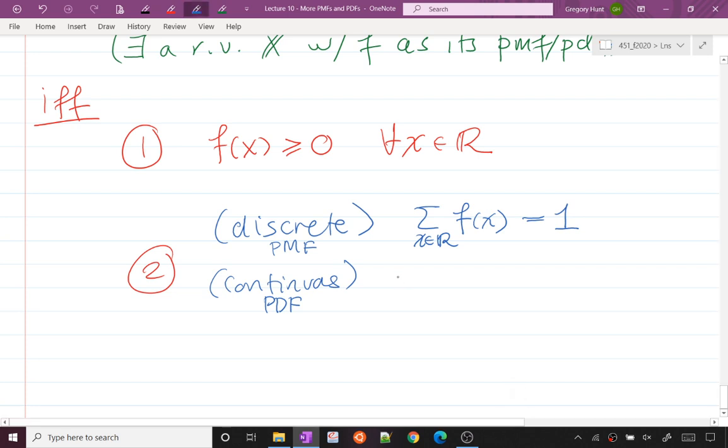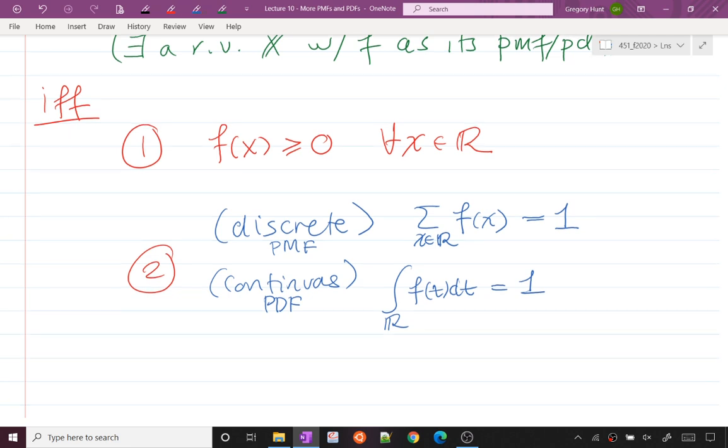And in the continuous case, the analogous fact is that if I integrate over all real numbers, I also get 1. So my PMF must sum to 1 over all values, and my PDF must integrate to 1 over all real values.